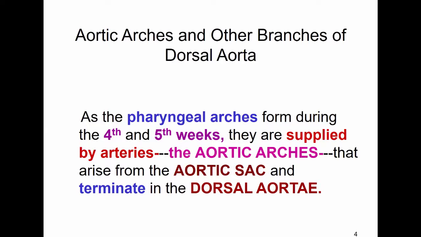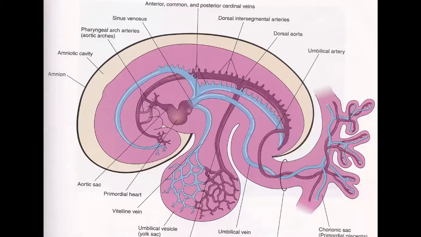And these aortic arches come from the aortic sac, and these arches terminate in the dorsal aorta. Let us see the figure. Here we are showing the single heart tube, but this is bended.